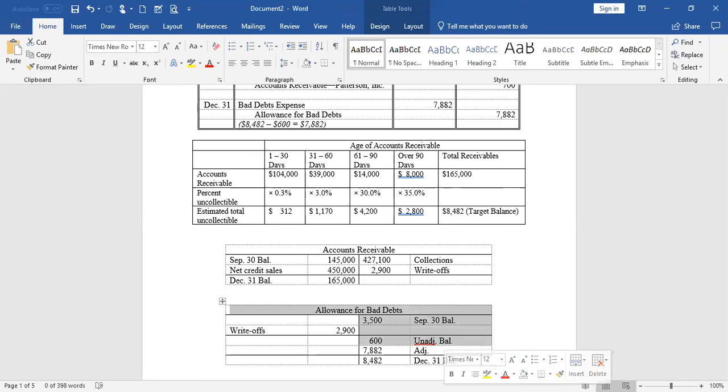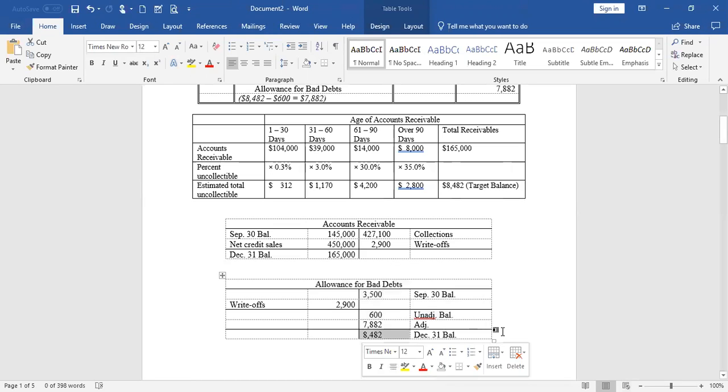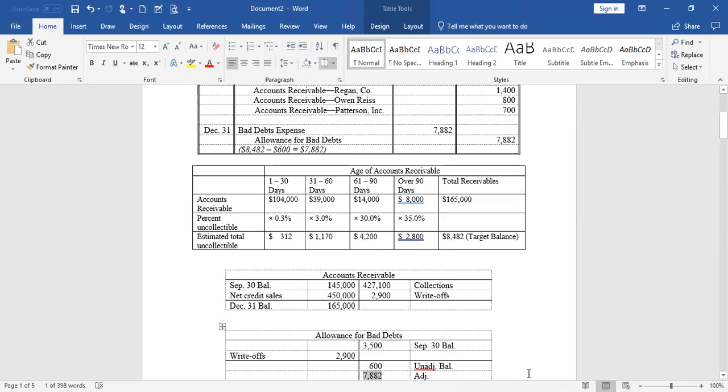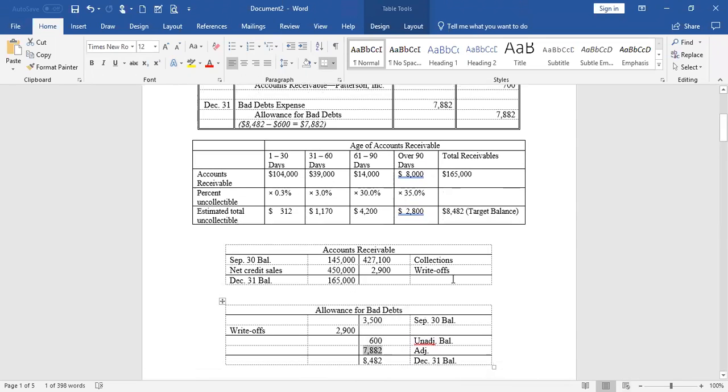We debited for $2,900, those write-offs. So its current balance is a credit of $600. Well, we need the balance to go up to $8,482. So we need to credit it an additional $7,882. So once you post your journal entry, your balance in the allowance for bad debts should be what you estimated using your accounts receivable.